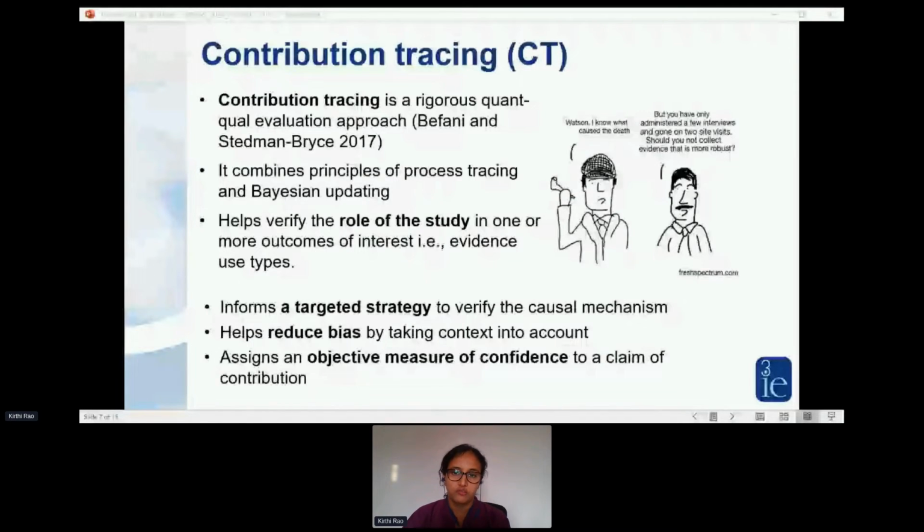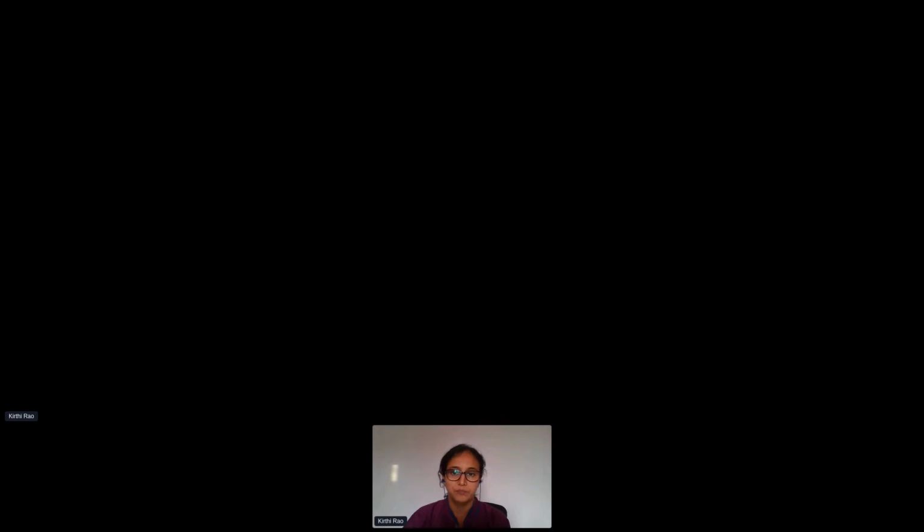The logic of contribution tracing forces the person measuring evidence use to only collect the strongest proof to verify each step of the hypothesized contribution mechanism that connects the evidence with the observed change.